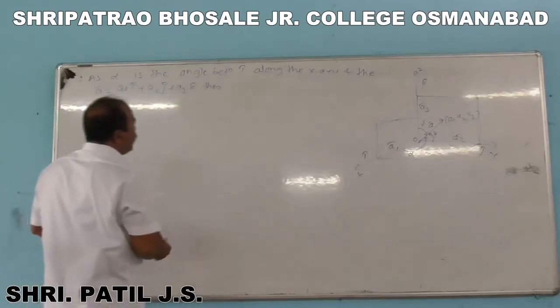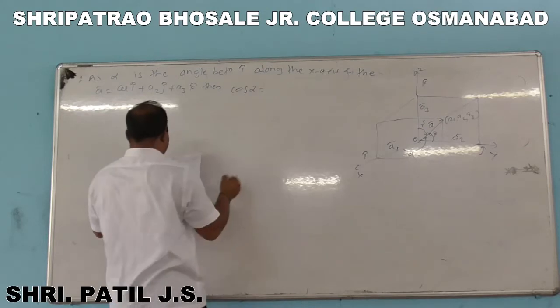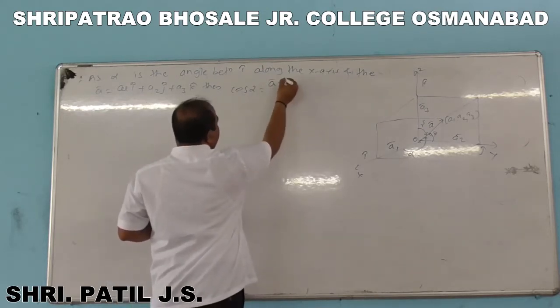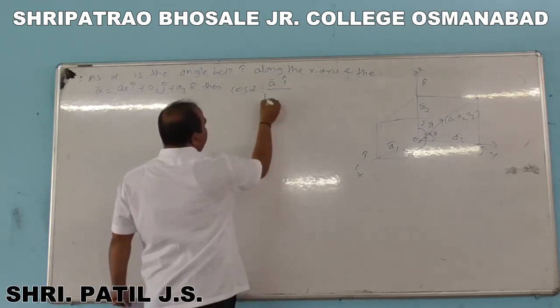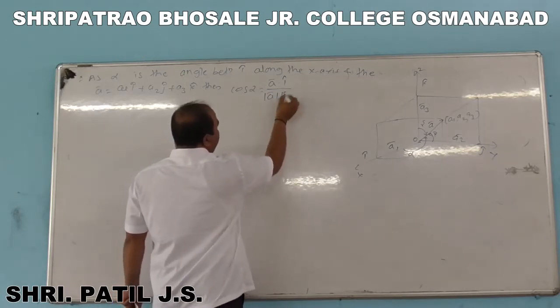Then dot product of these two vectors, that means cos alpha equal to A dot I cap divided by mod of A into mod of I cap.